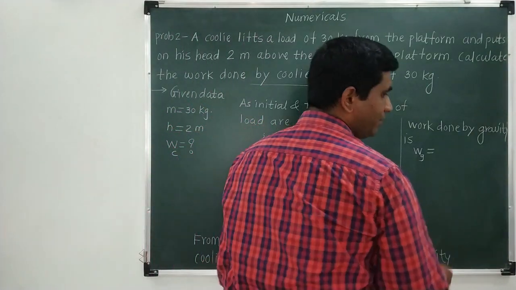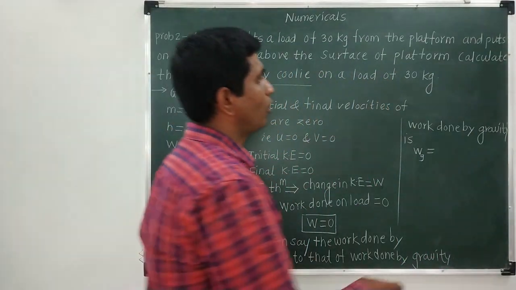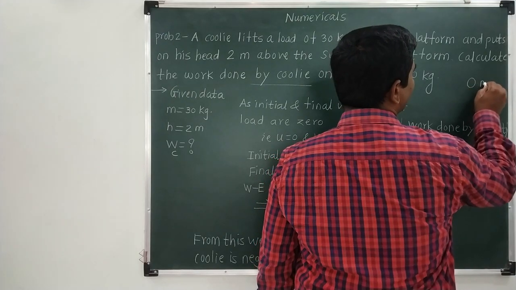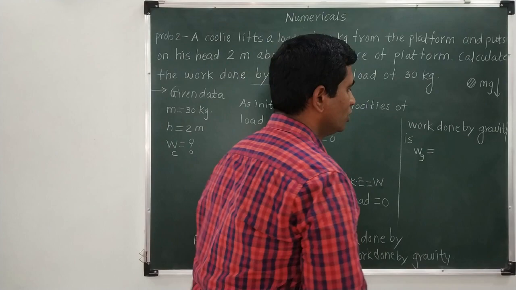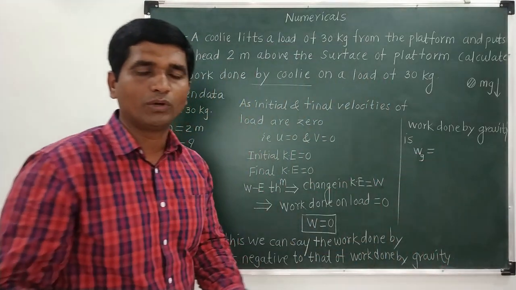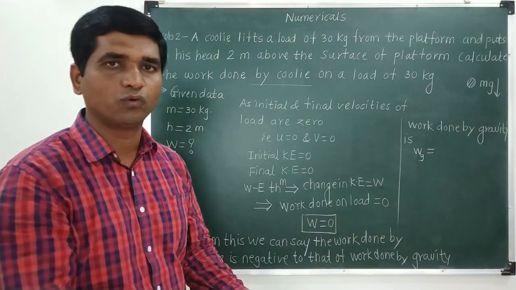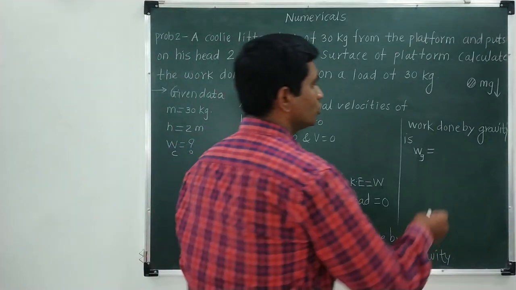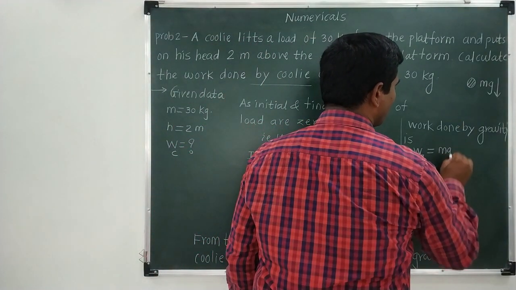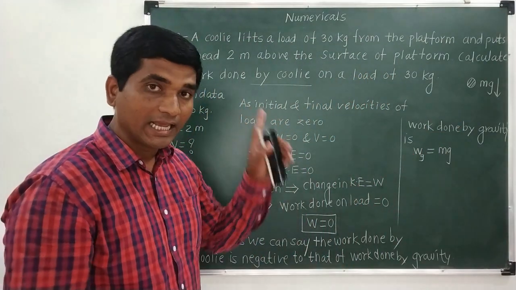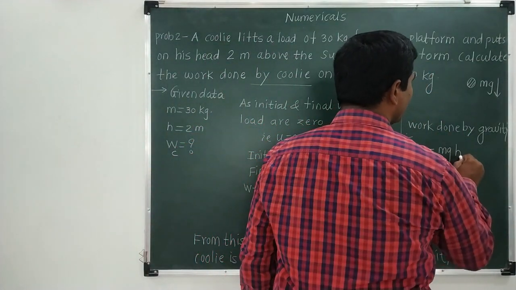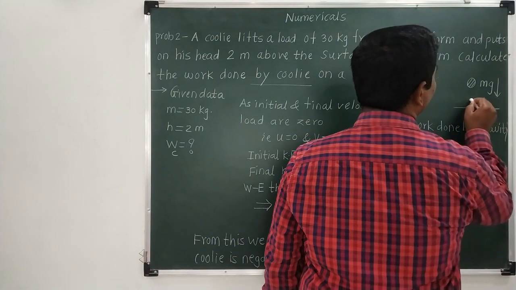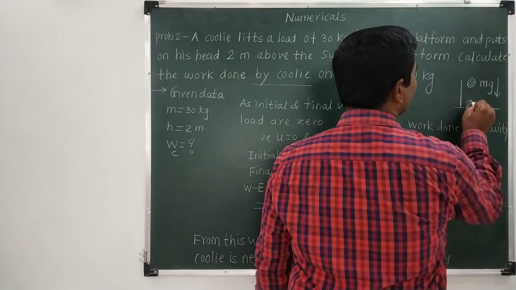So work done by the gravity, we know that if there is an object of mass m, then the gravitational force acting on this object is mg. And the formula for the work done is force into displacement. So here the gravitational force is mg, and the displacement is h, because the body is lifted from this place to this place.